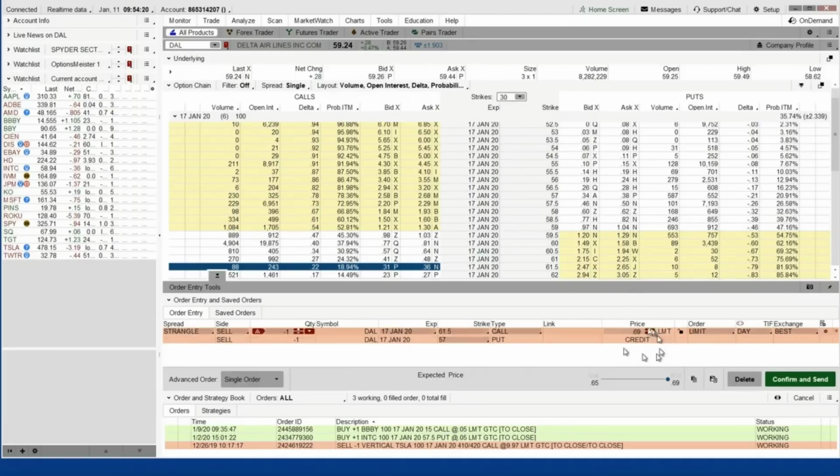So yeah, okay, 57 to 54. I'm really risking $300, less about 70, so $230. But yeah, there's nothing wrong with doing that. If you find success doing that, you'll find it more.